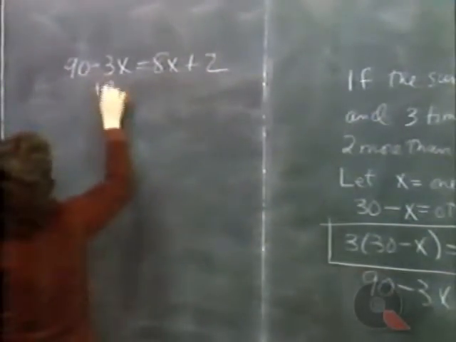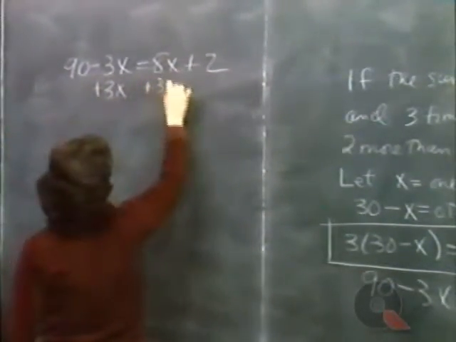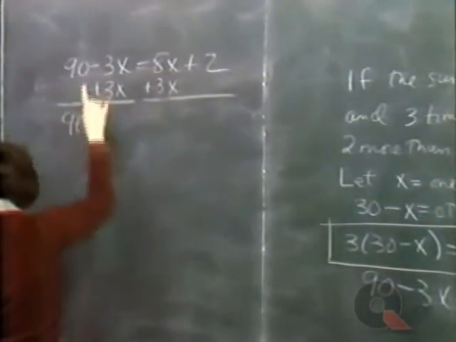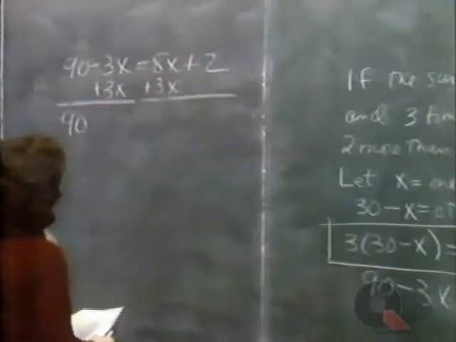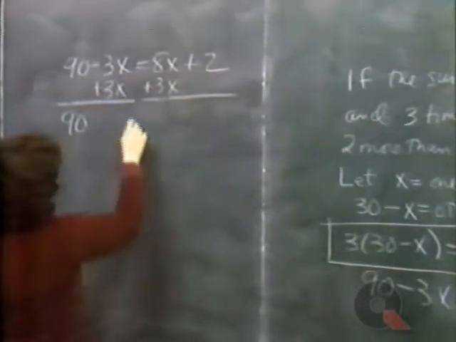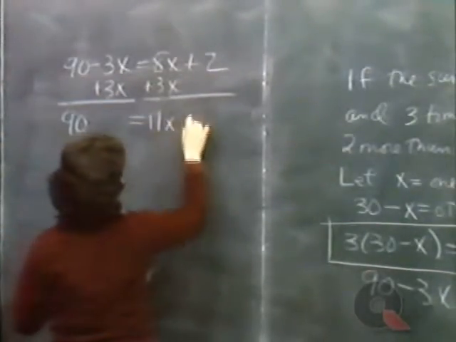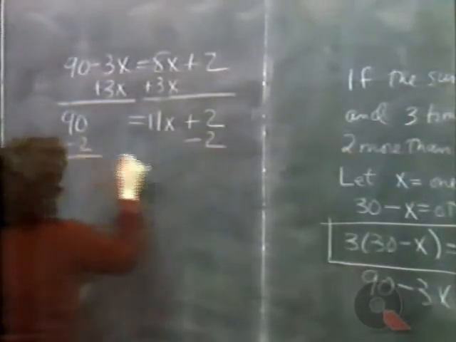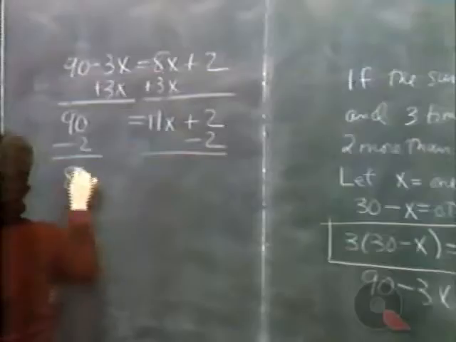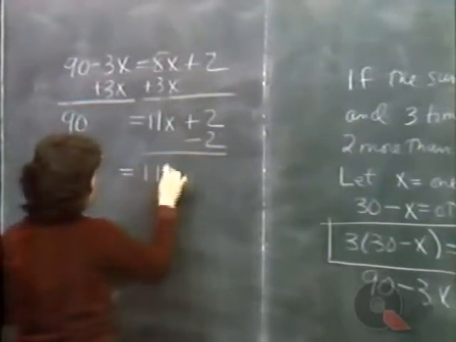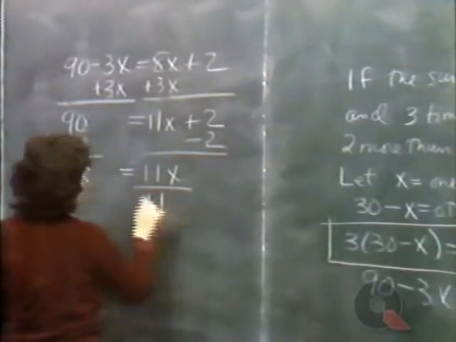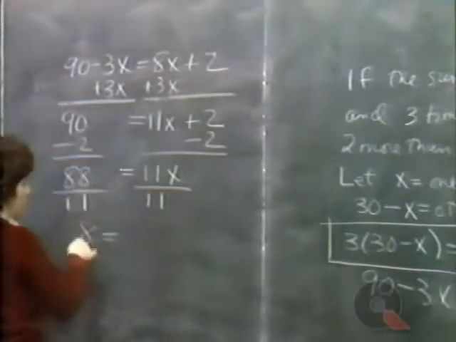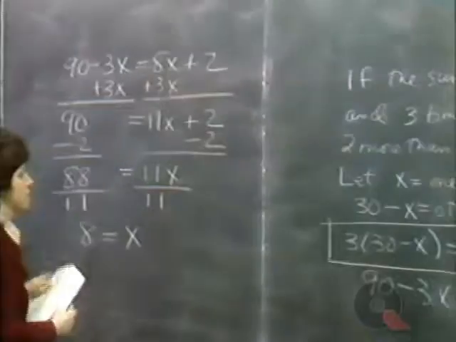We can add 3x to both sides. 90 minus 3x and the plus 3x, that drops out, equals 11x plus 2. Now subtract 2 from both sides. 88 equals 11x. Divide both sides by 11. 11 into 88 goes 8 times. x equals 8.